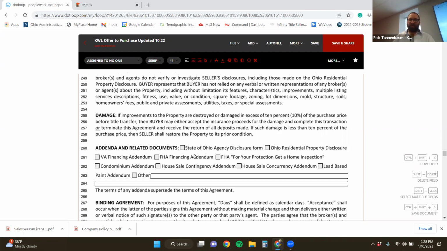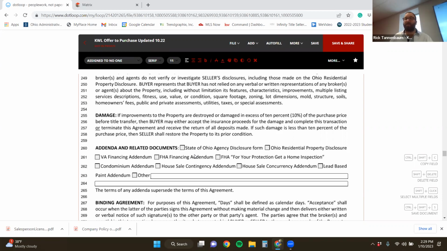So at that point, we looked at this clause and it was more than 10% of the purchase price. So what we negotiated was we were going to delay closing until the seller took care of it. The seller was getting insurance to take care of it. It took some time to get a contractor out there to fix everything, but it was in excess of 10%.